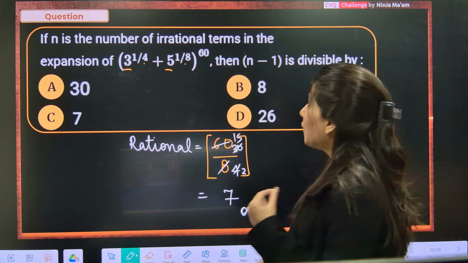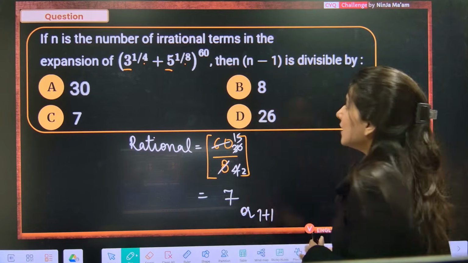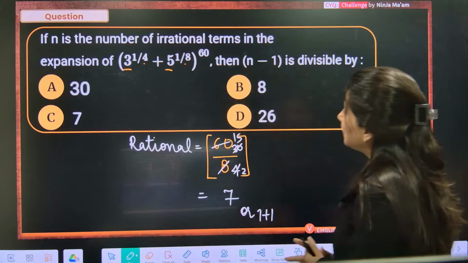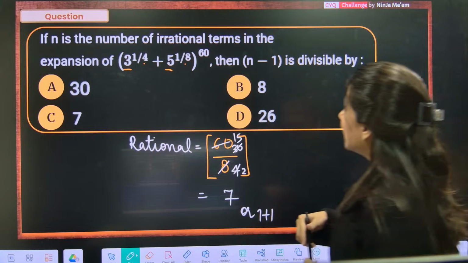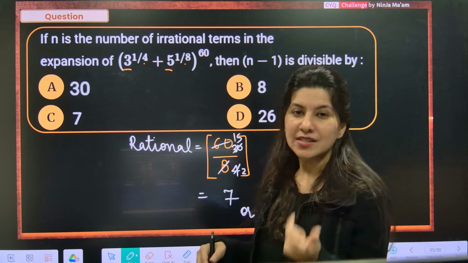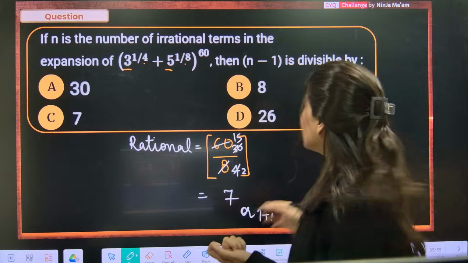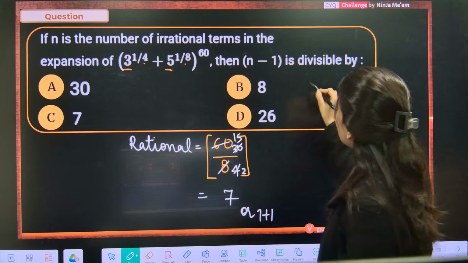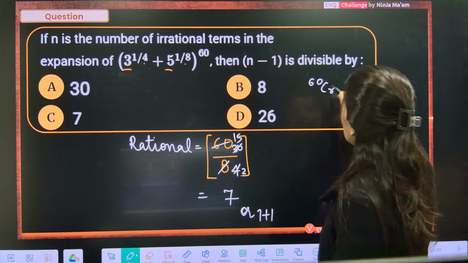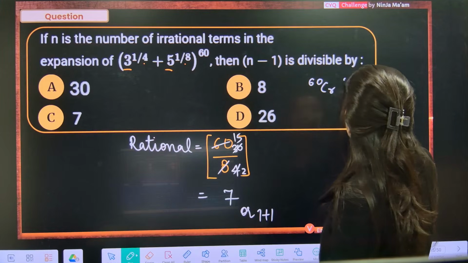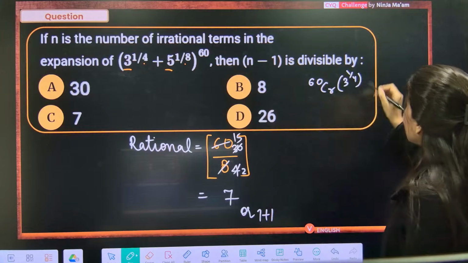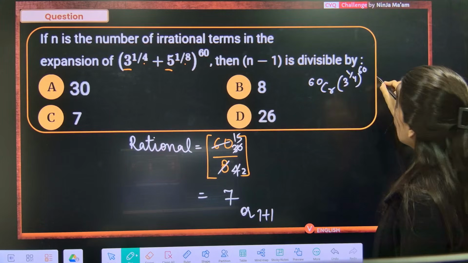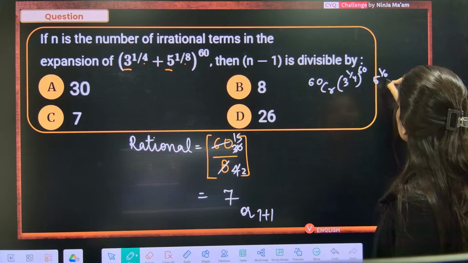For that, all we have to do is just write the first term, basically r is equal to 0. T1 we have to write. T1 will be 60 C r, then 3 power 1 by 4 to the power 60 minus r, 5 power 1 by 8 to the power 0.